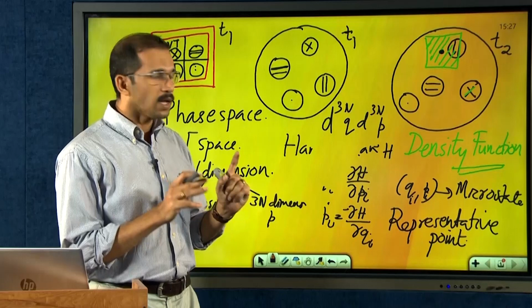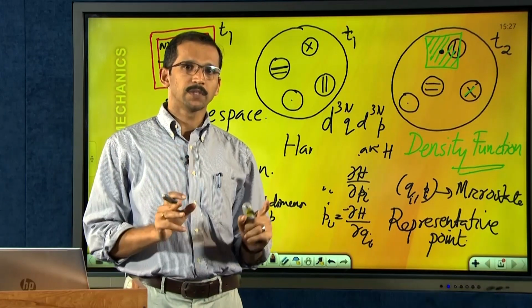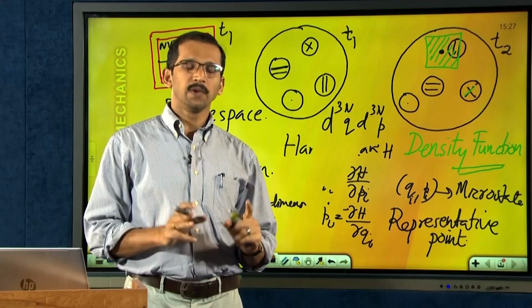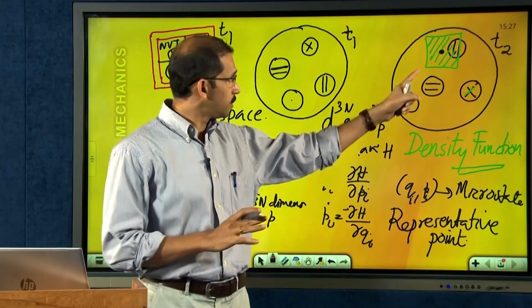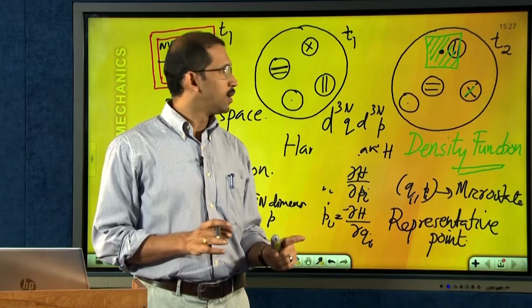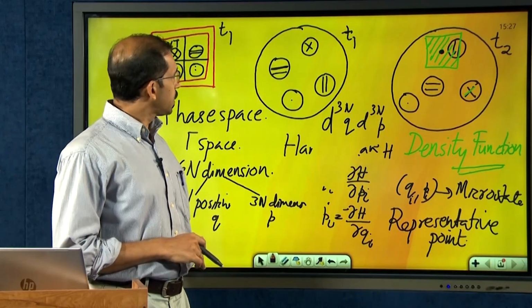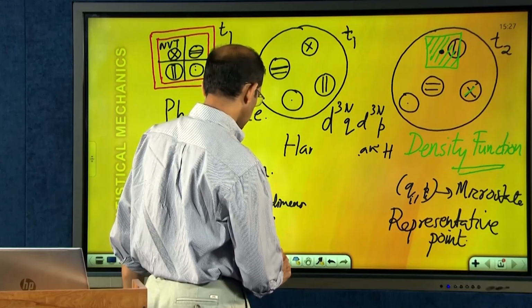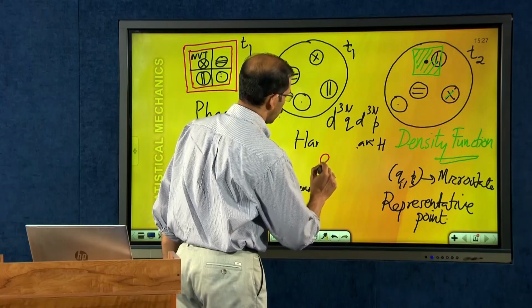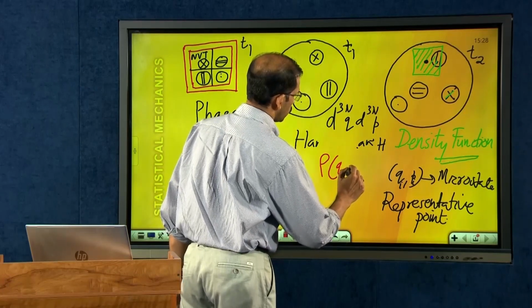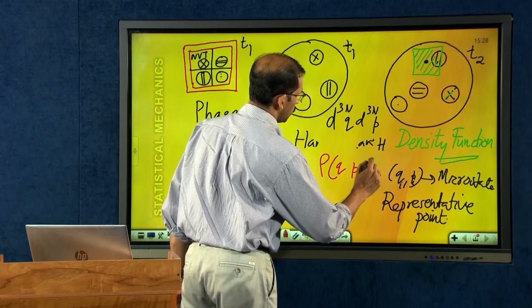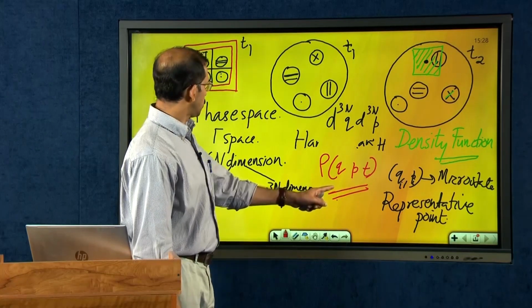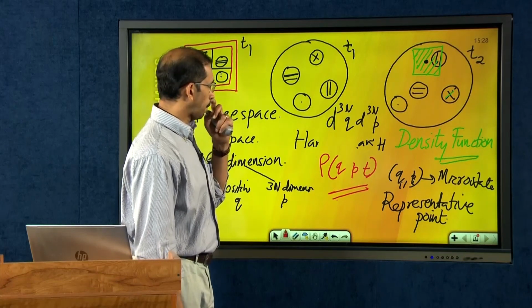In short, the density function is the number of representative points in the volume element d^3n q, d^3n p around the point q p in phase space, and this density function is in general represented by rho of q p t.